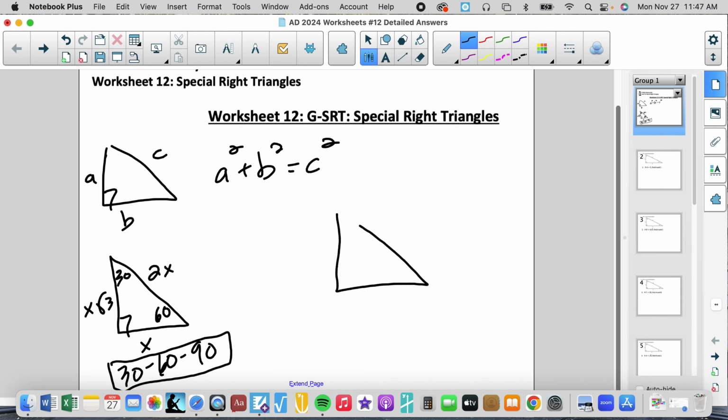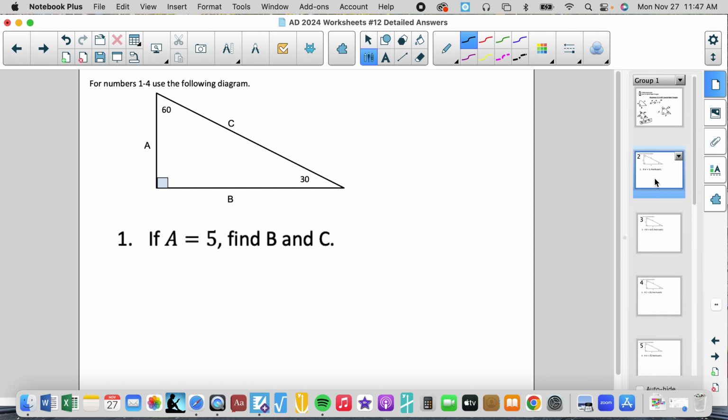And then the other one is a 45, 45, 90 triangle, where the legs are going to be the same because it's an isosceles triangle, and the hypotenuse is going to be x rad 2. We're going to use that to our advantage. So A is the short side. If the short side equals 5, we know that the hypotenuse is going to be 2 times that, or 10.